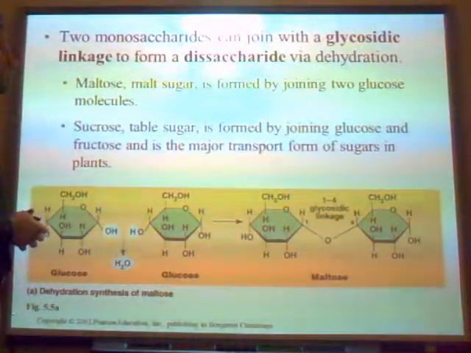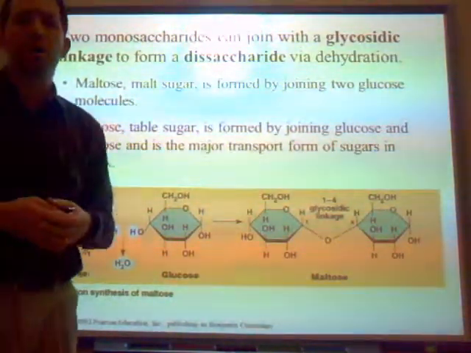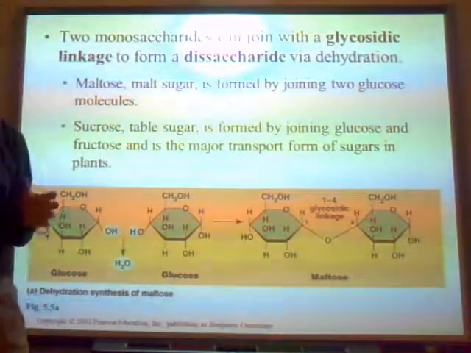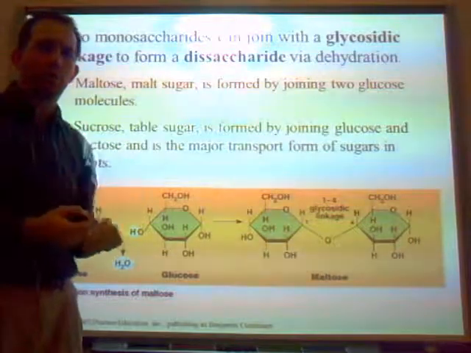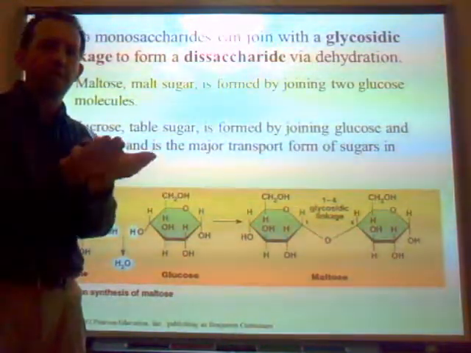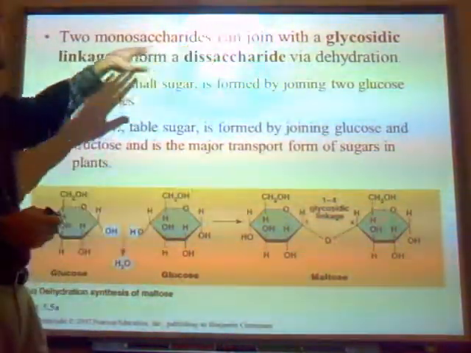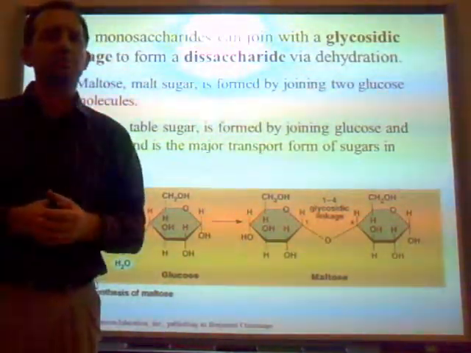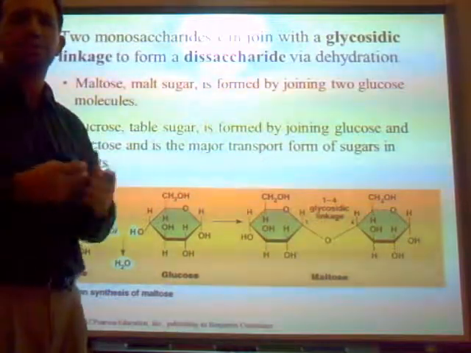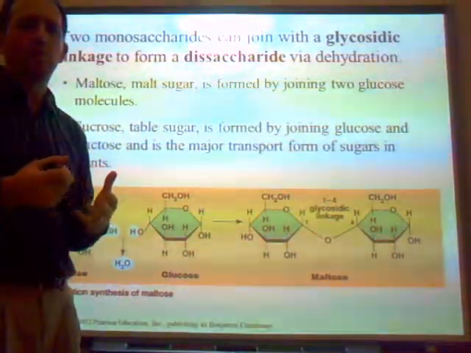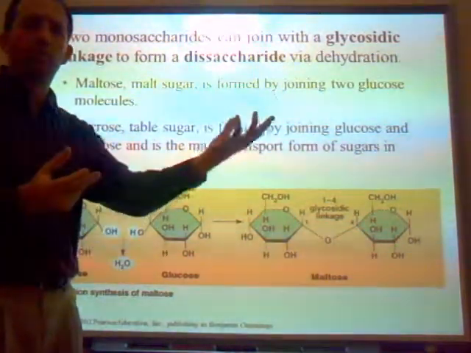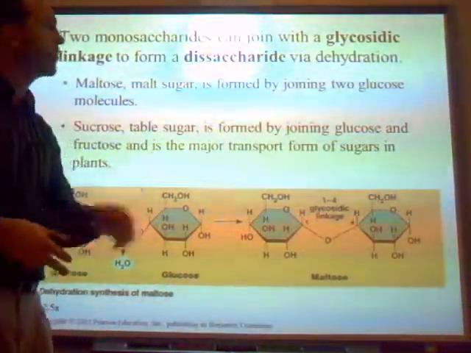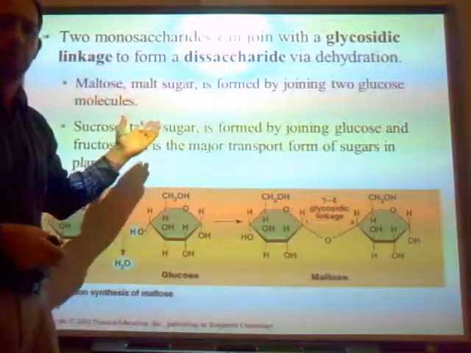We have also what are called disaccharides. Disaccharides are 2 sugars that are put together through dehydration synthesis. So again, we're pulling water out, taking 2 small things and adding them together. And this is done by what is called a glycosidic linkage. A glycosidic linkage is the process in which we remove a hydroxyl, remove a hydrogen, put them together and form water, and when that water forms, we have a larger molecule.